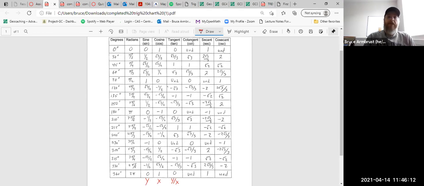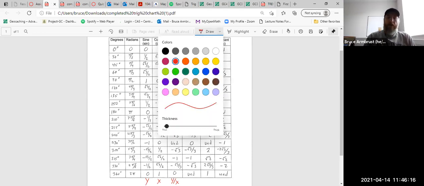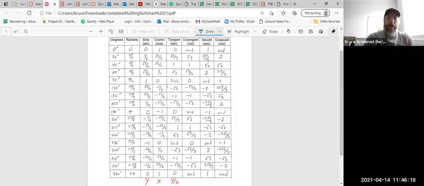Okay, so first, let me help you with a way to remember these guys, because as I told you, this is the only piece that you need to know. This little chunk that I shaded in blue, because if you know that one, you're going to know the rest.